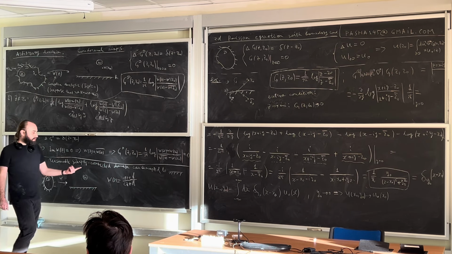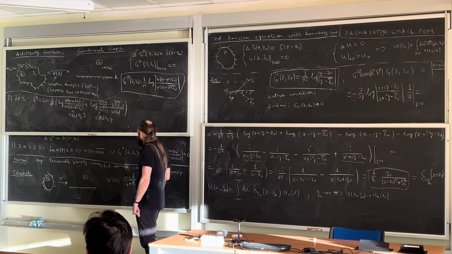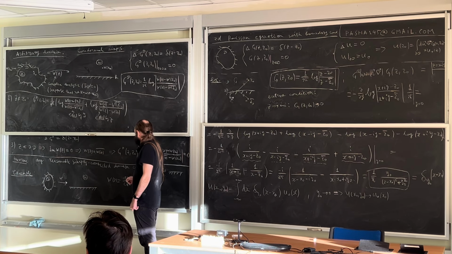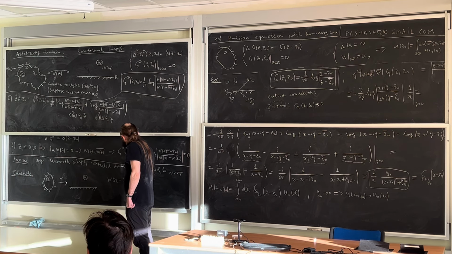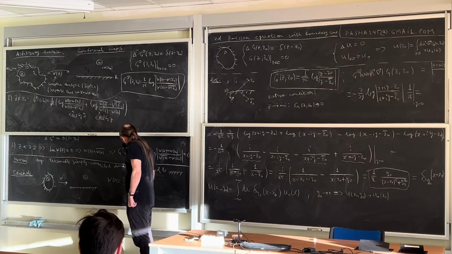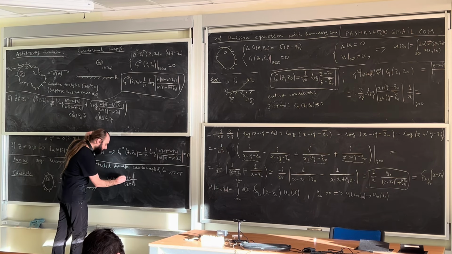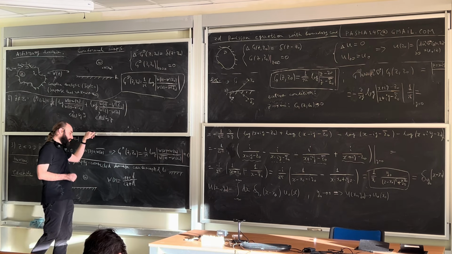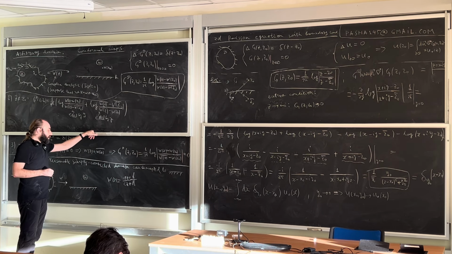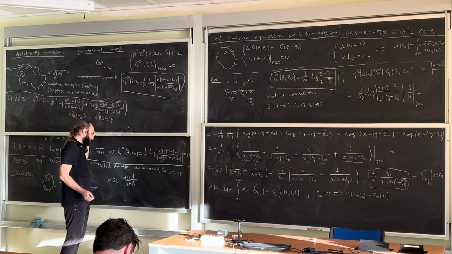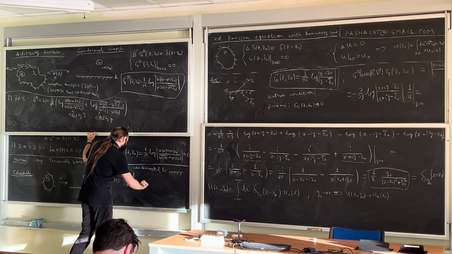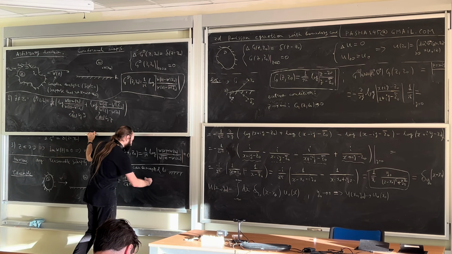So we want this expression to be real if Z is on the unit circle. How can we do this? Let us try some formula like this.